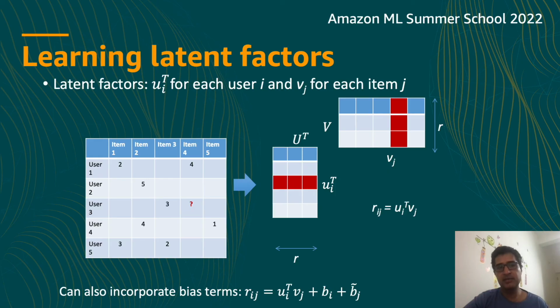So in this particular case, user 3 bought item 3 and gave it a rating of 3, whereas similarly user 2 or user 4 gave a rating of 4 to item 2, but user 3 has never bought item 4, right? So we don't know what rating user 3 would give.